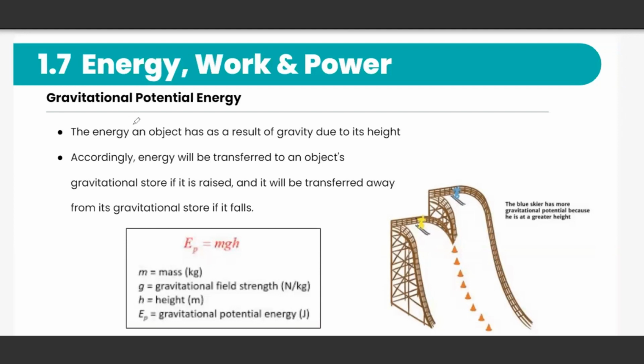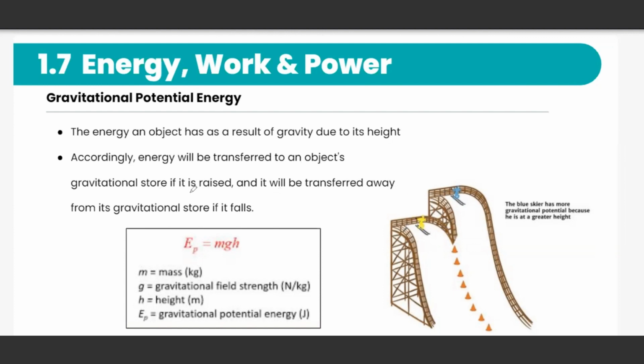Now let's look at gravitational potential energy. It is the energy in an object as a result of gravity due to its height. Now, when an object is above the ground level, because it's working against gravity, it will store gravitational potential energy.